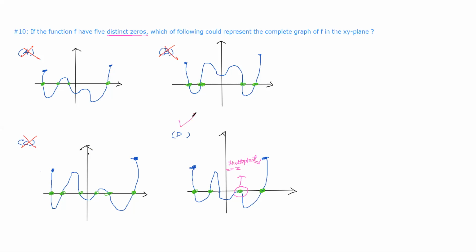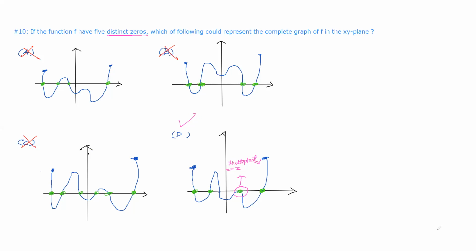So this is our answer here. You see here? So remember, when they touch the x-axis, the multiplicity of the roots could be 2, could be 4, depends, right? Okay, so we know this one is the possible solution here.